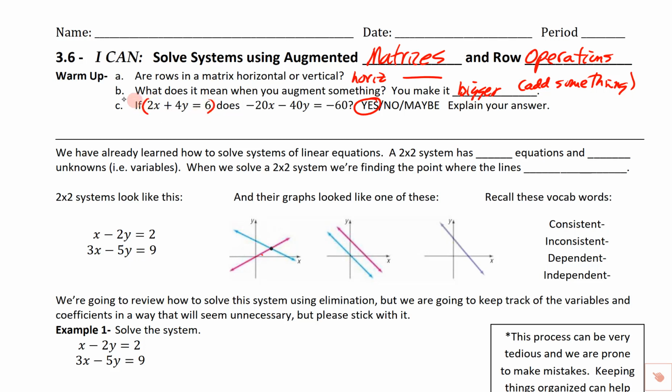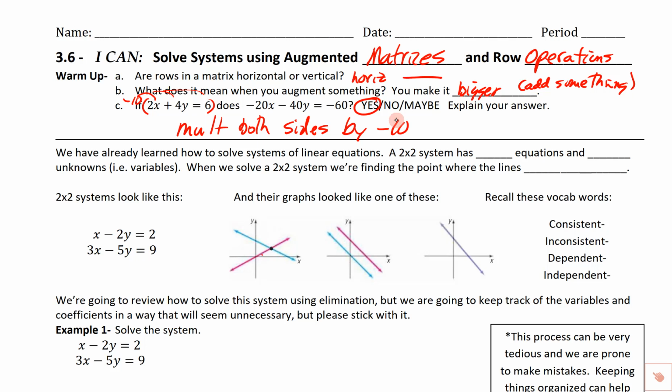So if we did negative 10 times every single one of these, we would end up with negative 20x minus 40y equals negative 60. So we get another true equation, okay? We multiplied both sides by negative 10. And as long as you do the same thing to both sides of an equation, you're going to get another true equation.